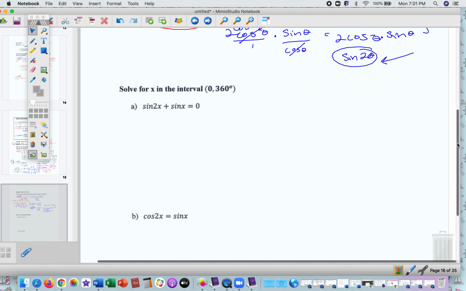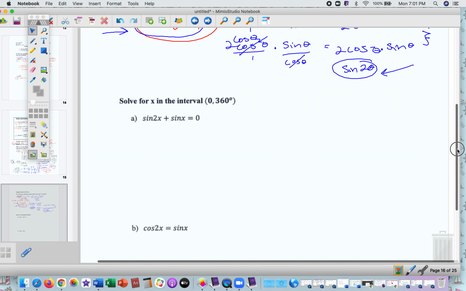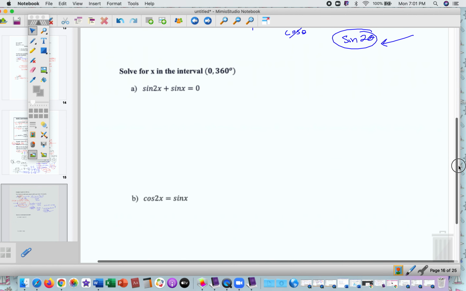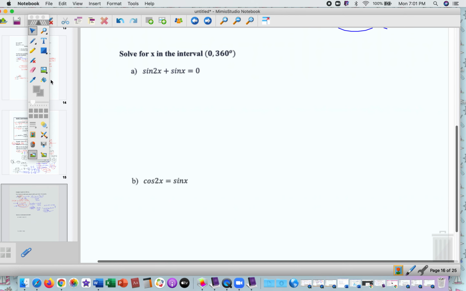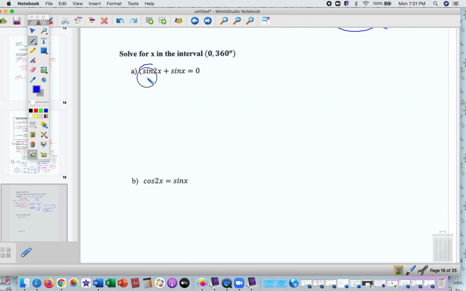Okay. So for this next one, it says solve for x in this interval, right? We need to replace sine 2x. We're going to go to our identities, right? Our double angle identities. And it says that sine of 2 theta is 2 sine theta or sine x times cos theta or cos x, right? Plus we had a sine x equals 0.